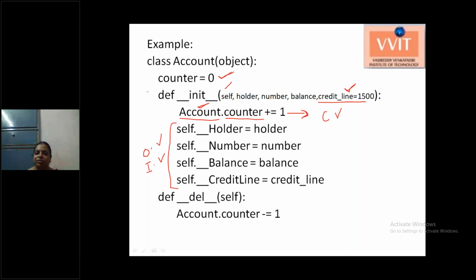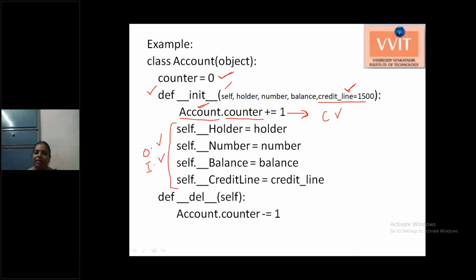The counter variable is incremented every time the constructor is executed. Say if you are creating 3 objects for this class, then the constructor is executed 3 times, so it increments the counter variable 3 times. Then whenever you access it by any of the objects, it shows 3. Delete is the destructor.